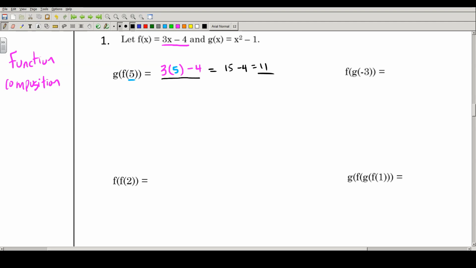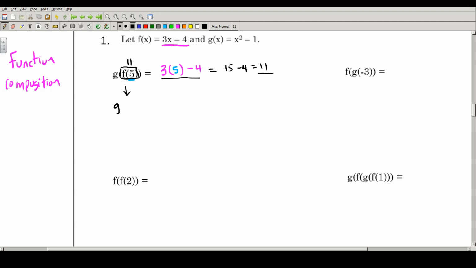So f of 5 evaluates to 11. Then we're going to take that and leave it in this spot. So instead of g of f of 5, we already know that f of 5 is equal to 11.